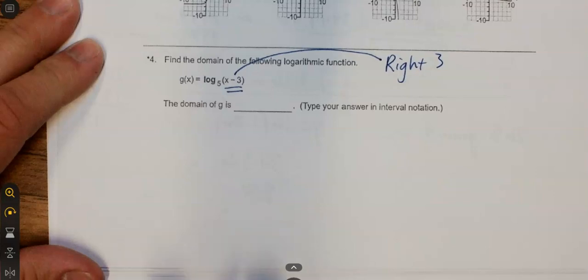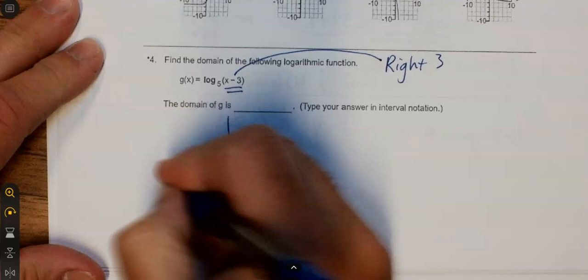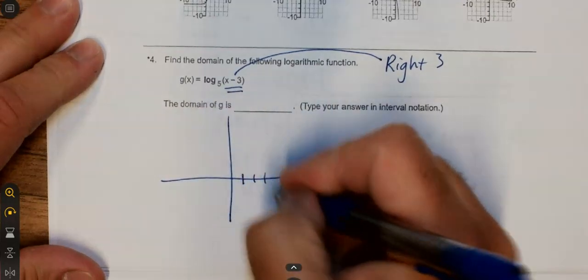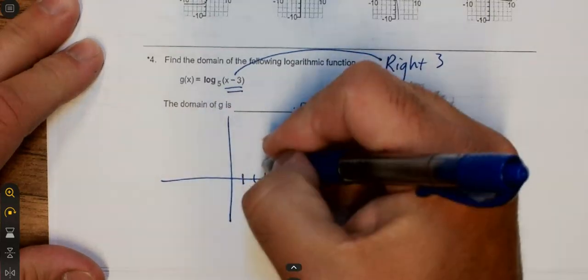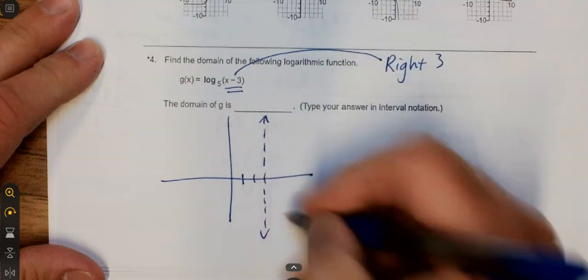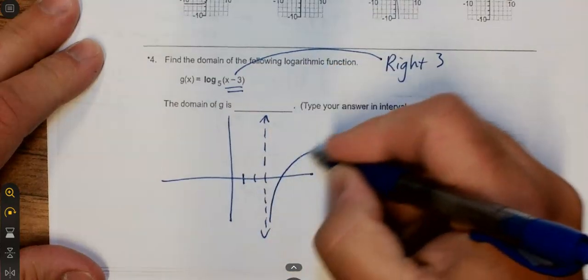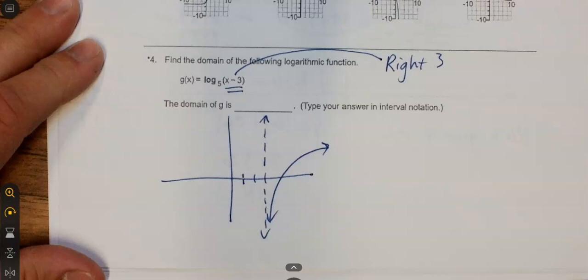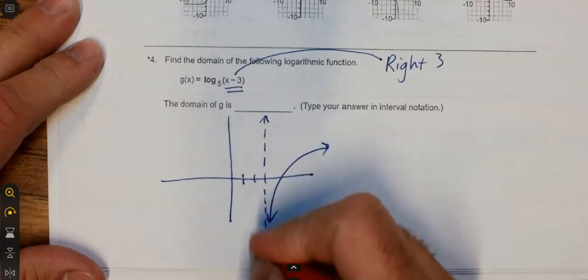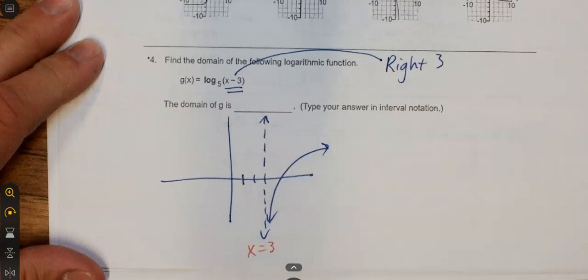When it's on the inside of the function with the x, we know it goes opposite of our common sense. So this graph, 1, 2, 3, got moved over 3 to the right, which means the basic shape looks like this. But x equals 3 is the vertical asymptote.